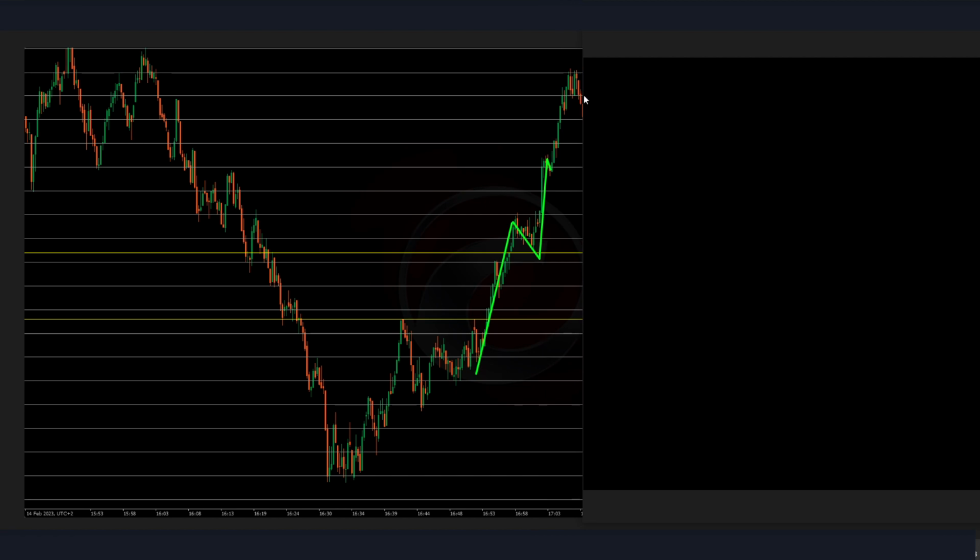So we see a rejection. We could possibly see a bounce from there for the continuation, but we failed to make a new high. It's after the 10 a.m. candle open. So now we have a strong bearish trend, and the entry over here will be at the candle close.